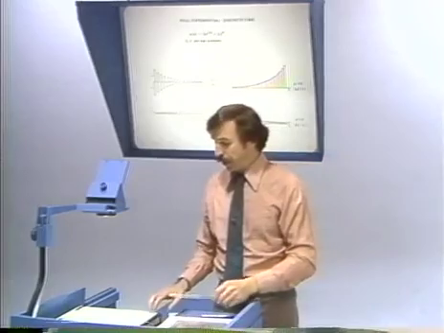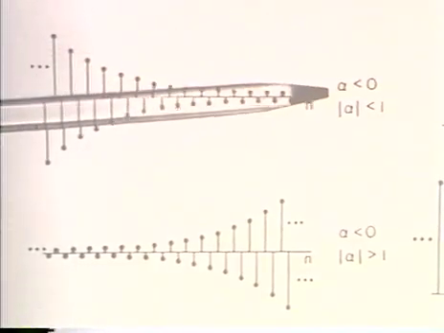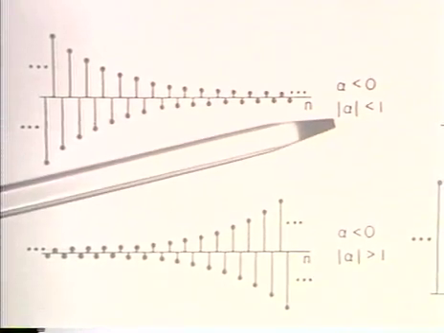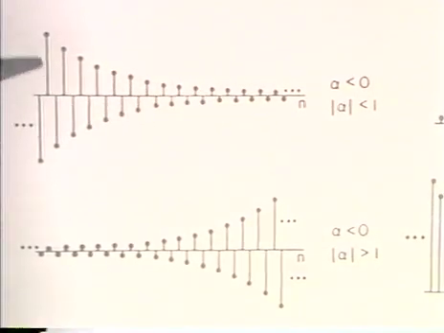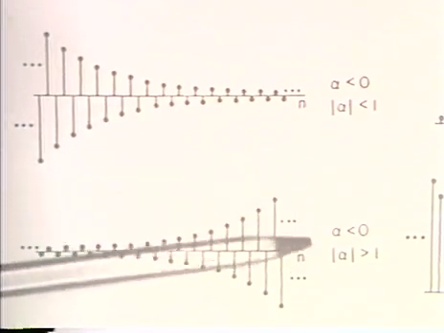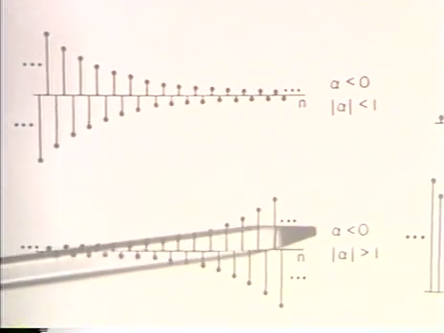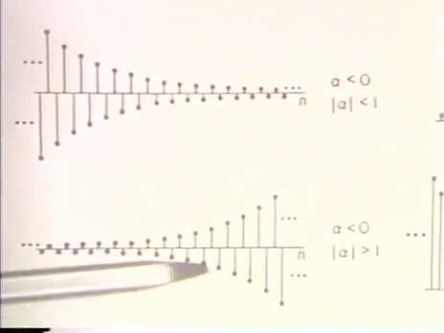So, for example, here we have alpha negative, and with its magnitude less than 1, and you can see that, again, its envelope decays geometrically, and the values alternate in sign. And here we have the magnitude of alpha greater than 1 with alpha negative. Again, they alternate in sign, and of course, it's growing geometrically.